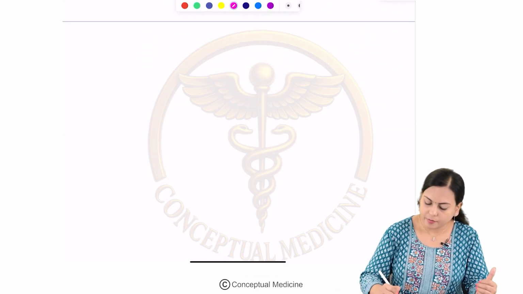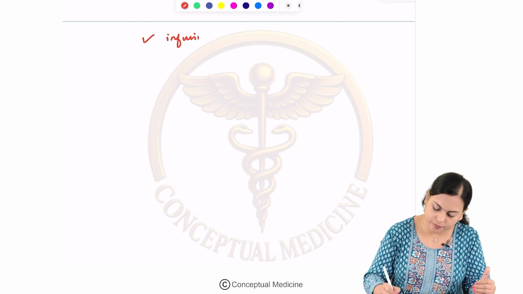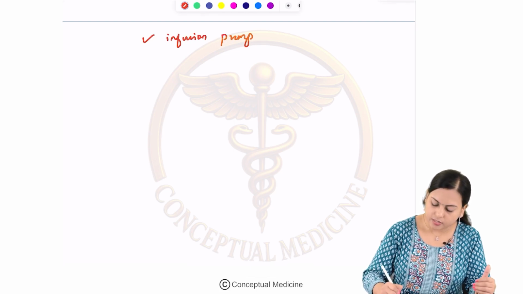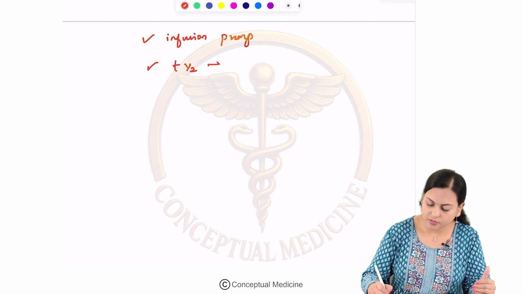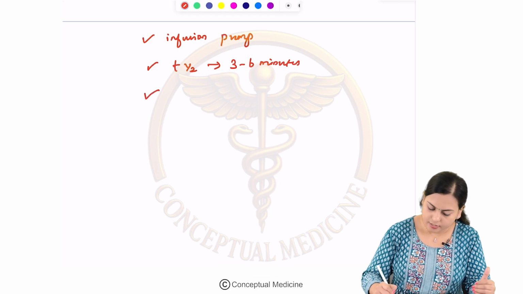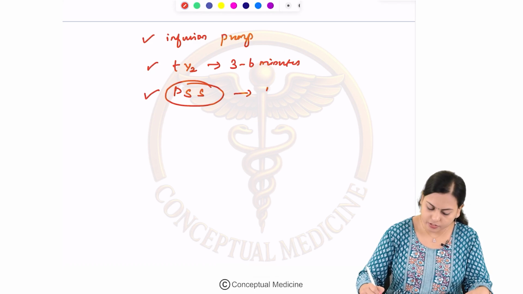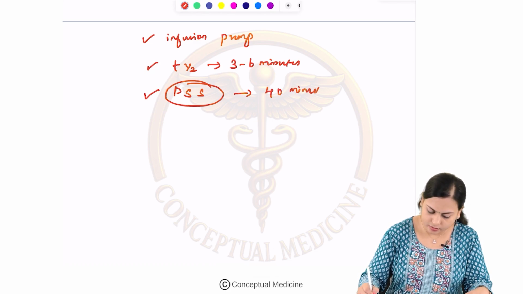And remember, always oxytocin should be administered through an infusion pump, and the half-life of oxytocin is around 3 to 6 minutes. When you give oxytocin, the plasma steady state will be reached in another 40 minutes.